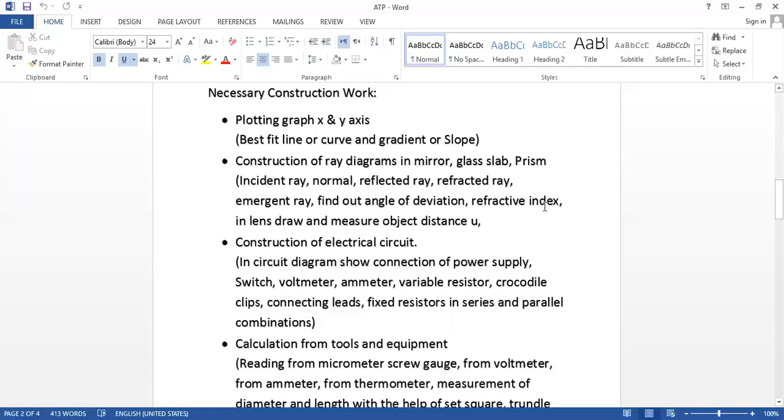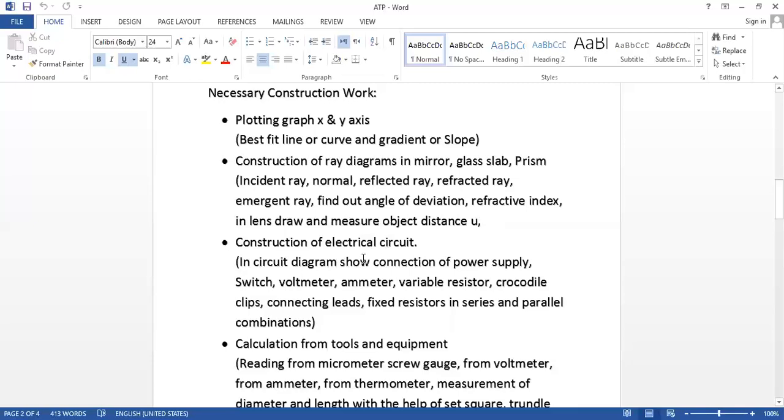You have to practice how you will calculate refractive index from a glass slab and prism. And in a lens, you will draw and measure the object distance, image distance, and principal focus.